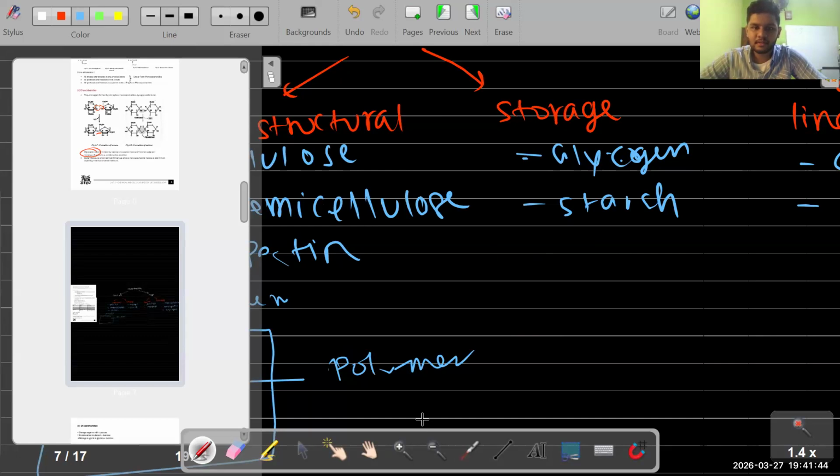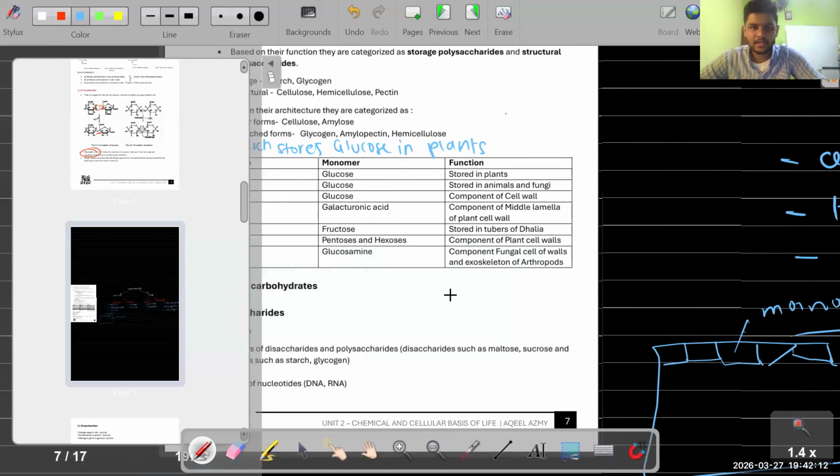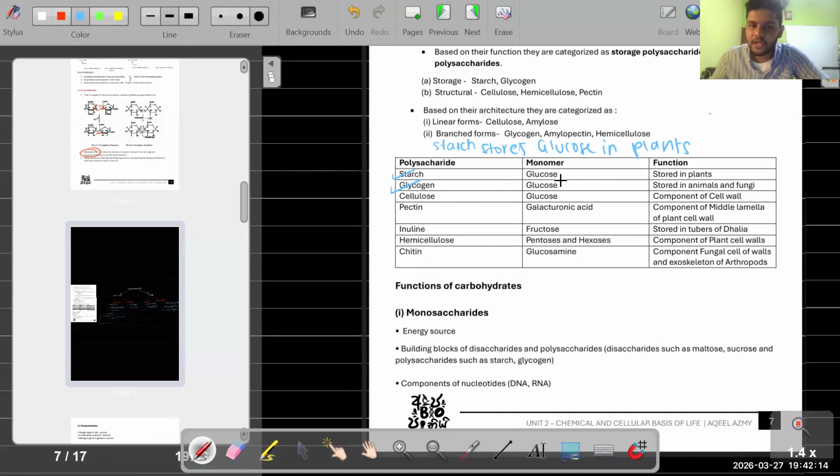Just see the diagram. Students? Storage, exactly. Very good. Quickly respond. You know the answer, right? Don't hesitate. Storage. Only for storage we can use that.